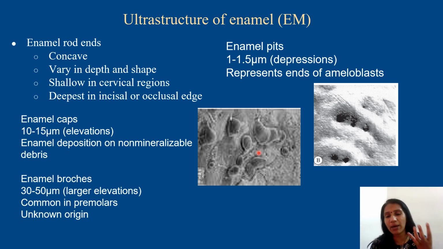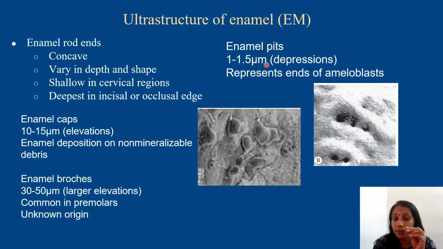If you have some unmineralized debris, an unmineralized area on the surface of enamel, mineralization will occur on top of that. So you will have some debris, some dirt on the surface of enamel, and on top of that mineralization takes place, which forms an elevation. So a cap is a smaller elevation, a brooch is a larger elevation. This is how it looks.